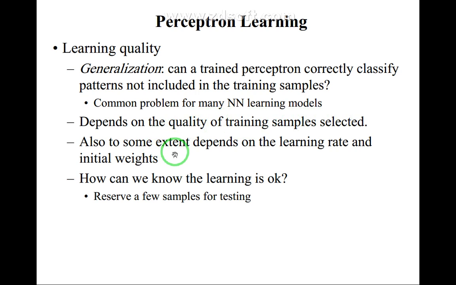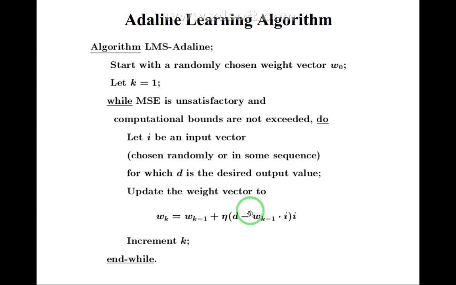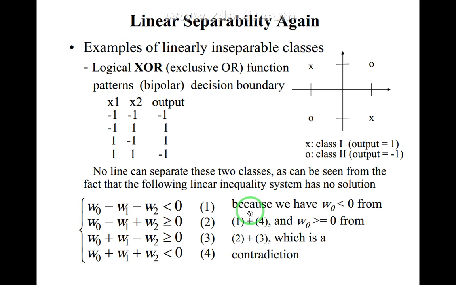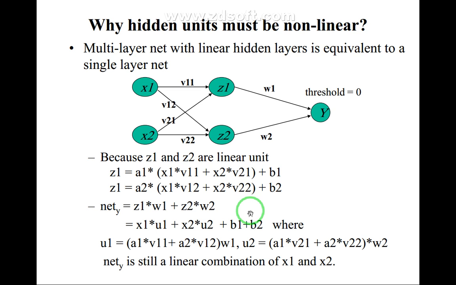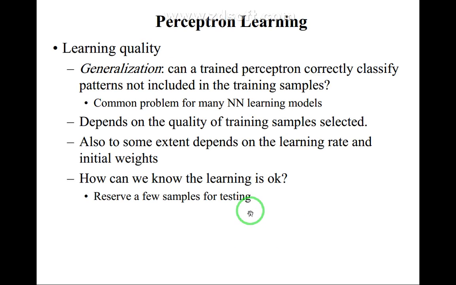To some extent it also depends on the learning rate. How can we know the learning rate is okay? Reserve a few samples for testing. This will be explained as online learning in the future, and we will stop here at this slide.